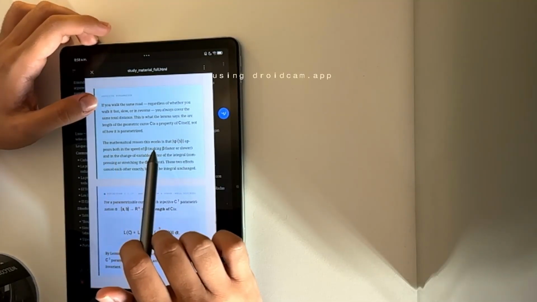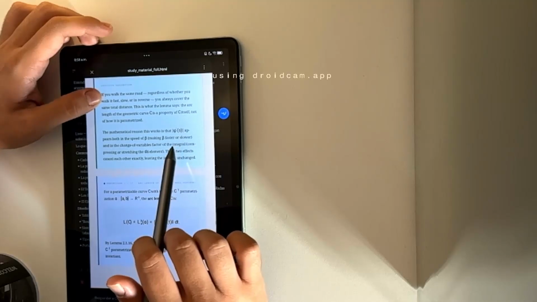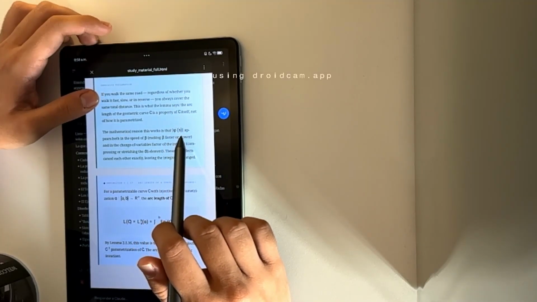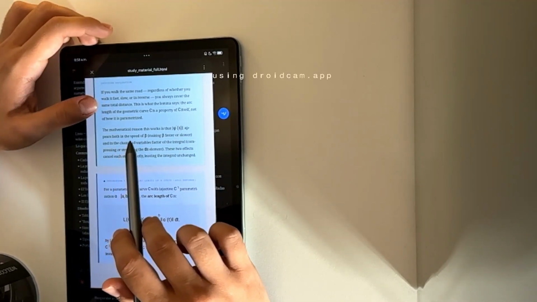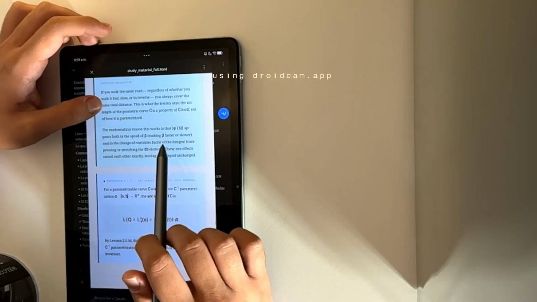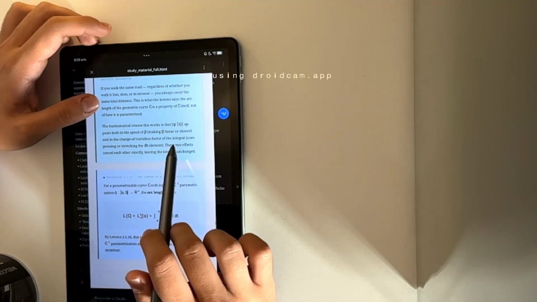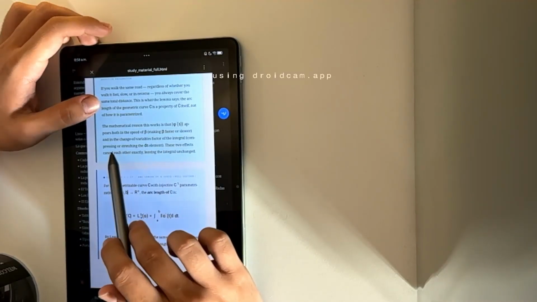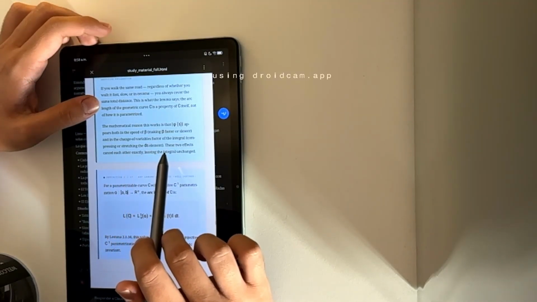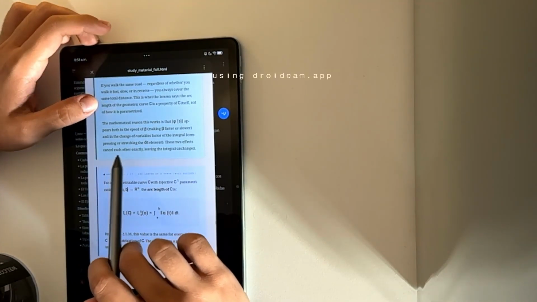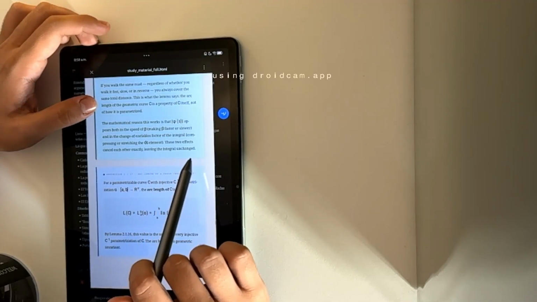The mathematical reason this works is that the absolute value of phi prime of s appears both in the speed of beta, making beta faster or slower, and in the change of variables factor of the integral, compressing or stretching the s element. These two effects cancel each other exactly, leaving the integral unchanged.